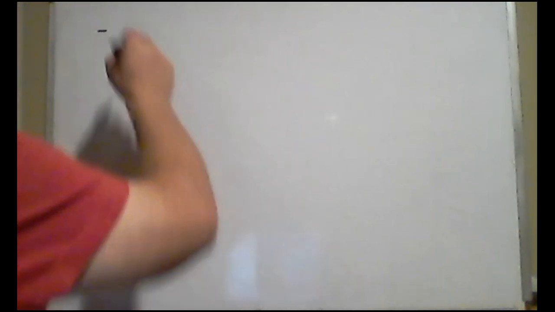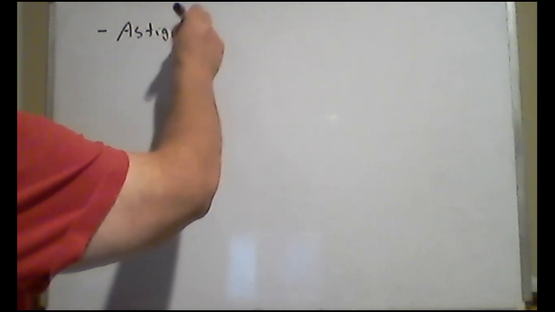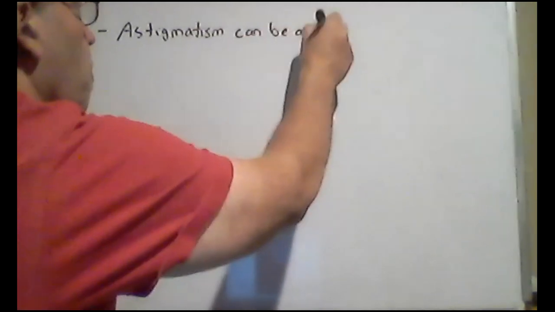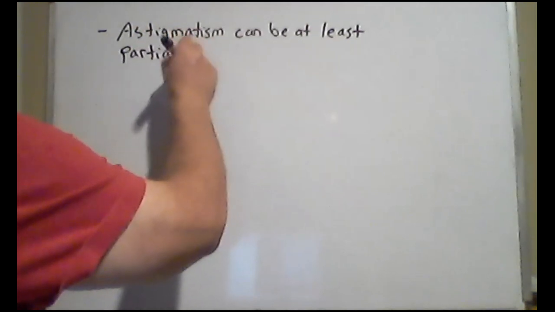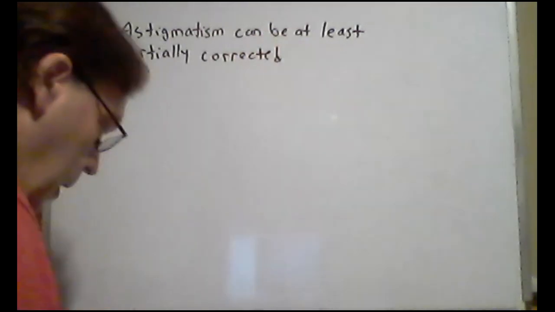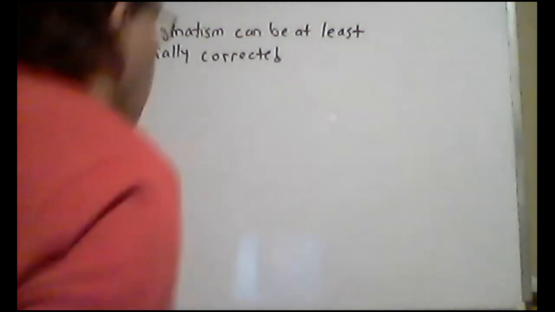Astigmatism can be at least partially corrected with a spectacle lens having the opposite irregularity of the eye.